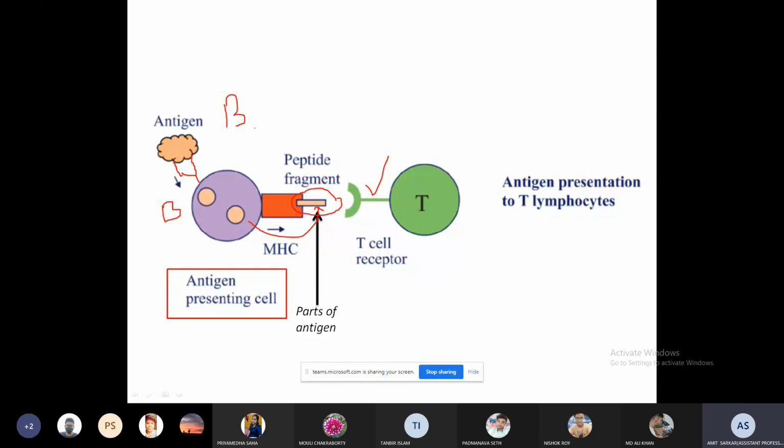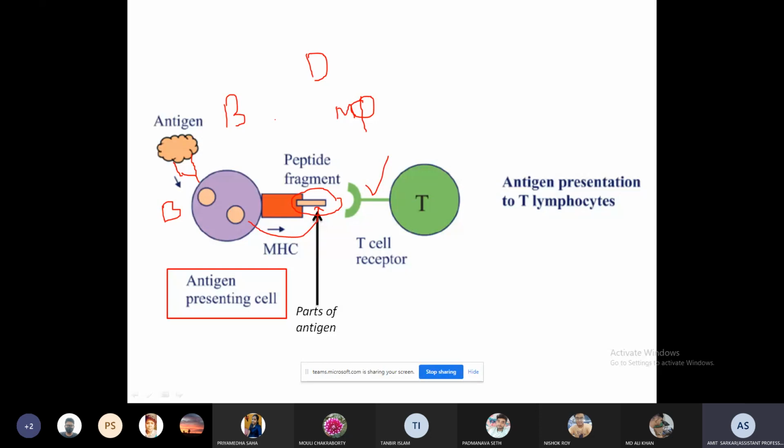But just as I drew on the whiteboard a little 5 minutes back, the macrophage is also doing the same thing. The macrophage is also engulfing a bacterium and then presenting it to the T cell. So the macrophage is also one type of antigen presenting cell. There are certain cells also called dendritic cells.